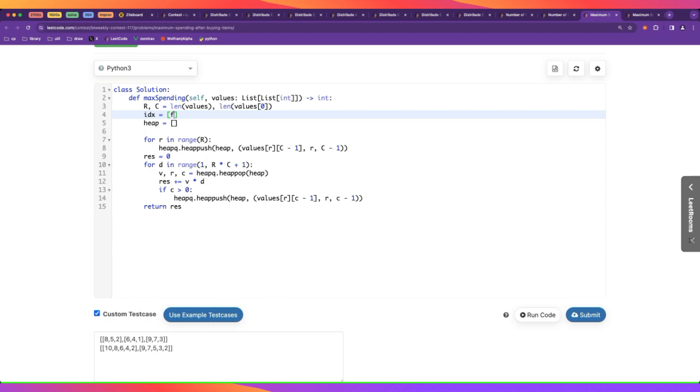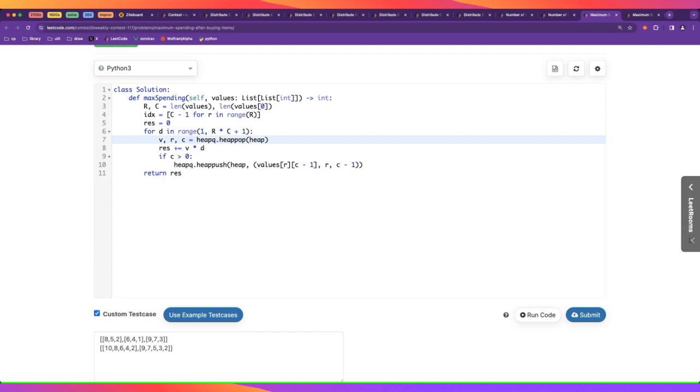For each of the rows, we have the current index of the column, which is C minus 1 initially. And here we want to find the best row, which is going to be the one with the minimum value.